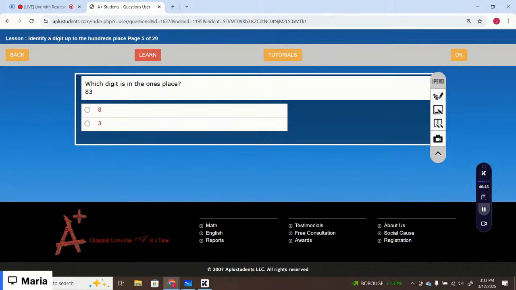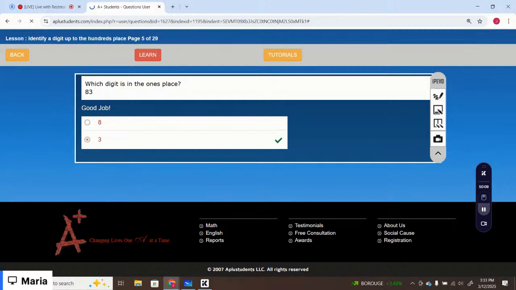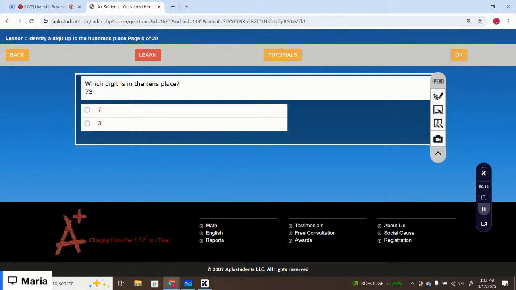Which digit is in the ones place? Three is at the ones place. Option number two is the correct option. Which digit is in the tens place, which is the correct option?